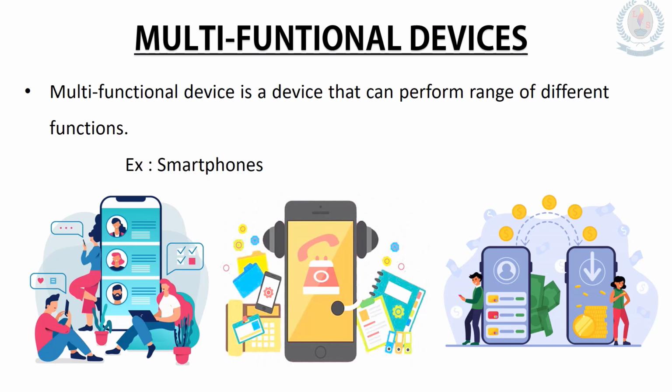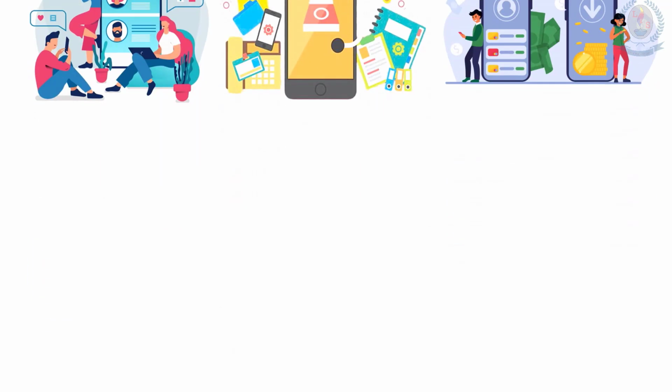It can also be used to take photographs or to function as a navigation aid, fitness tracker, music player, or handheld game console. Because of that, we can consider a smartphone as a multifunctional device.